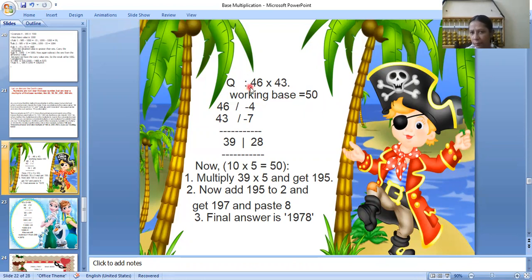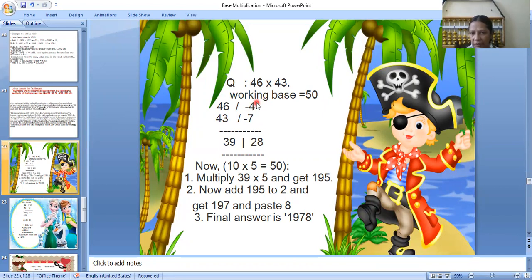If you take the number 10 or 100, it will be far away and your calculations will be very difficult. So I am going to take the working base here as 50. So what you have to do is 46 minus 50. You will get here minus 4, and then you will do 43 minus 50. So you will get here minus 7.